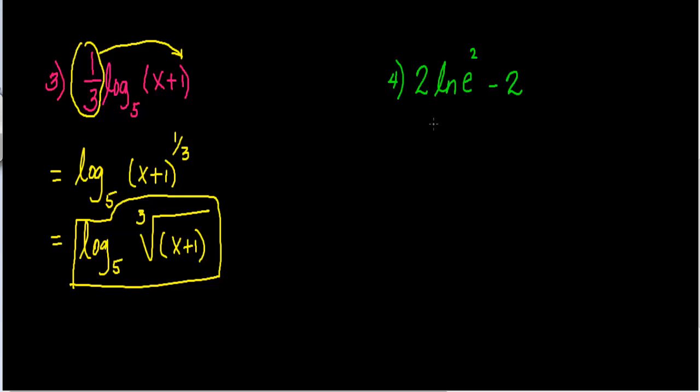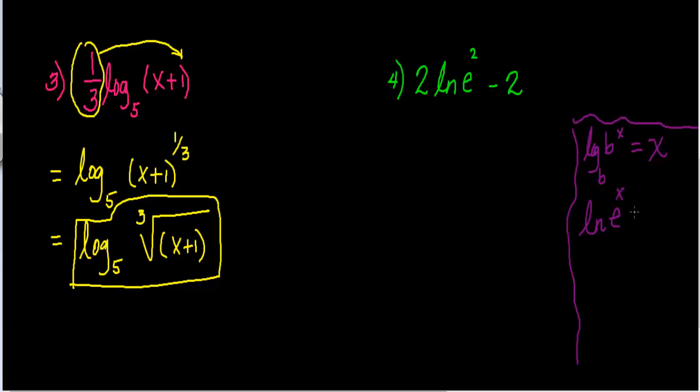Number 4, again, this one is pretty simple. I'm going to go about this one the long way, and then I'm going to show you a short way. Now, natural log of e, let me write this over here to the side, as we did with the other video. When we said that the log base b of b to the x power is equal to x, that also works with the natural log.